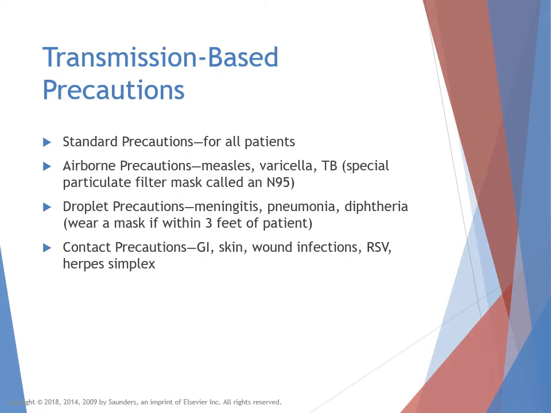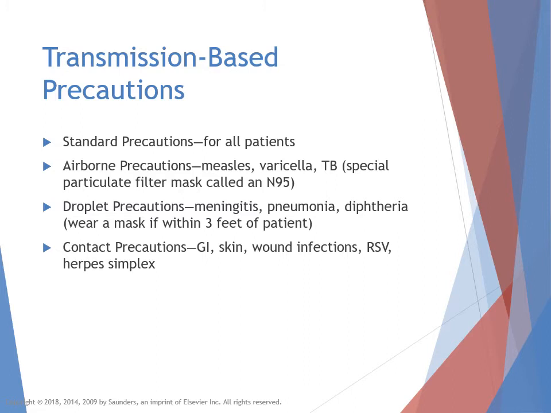And then next we have contact precautions. Contact precautions can include GI, skin, wound infections, RSV, or herpes. So basically if we come in contact with a secretion or a wound from one of those systems, for example, then we would want to make sure that we utilize contact precaution for those different things.